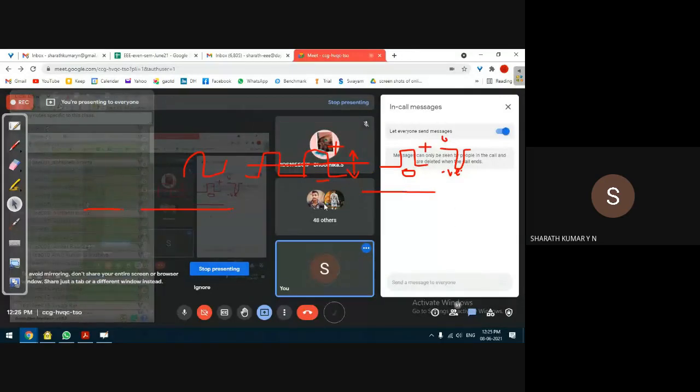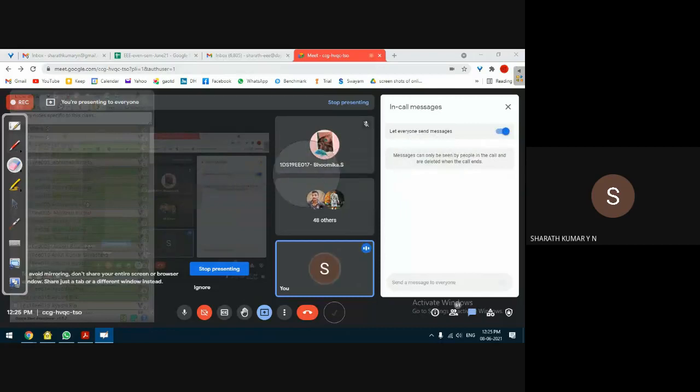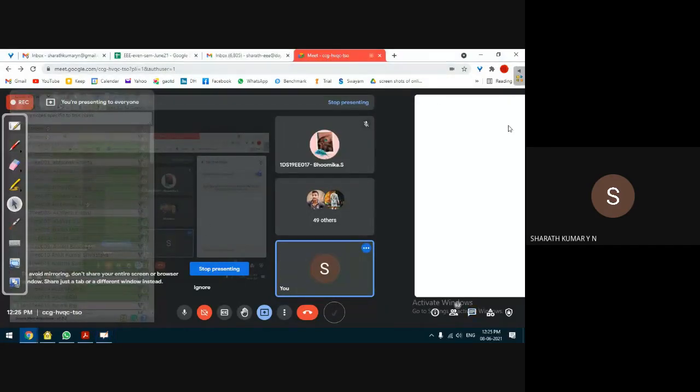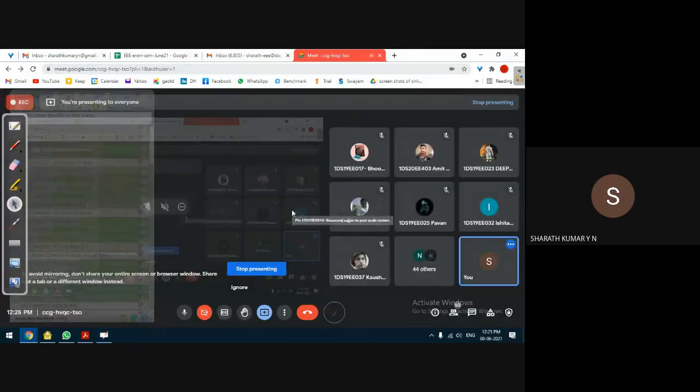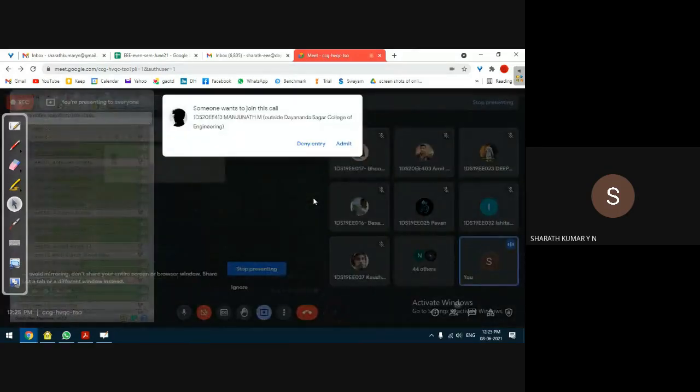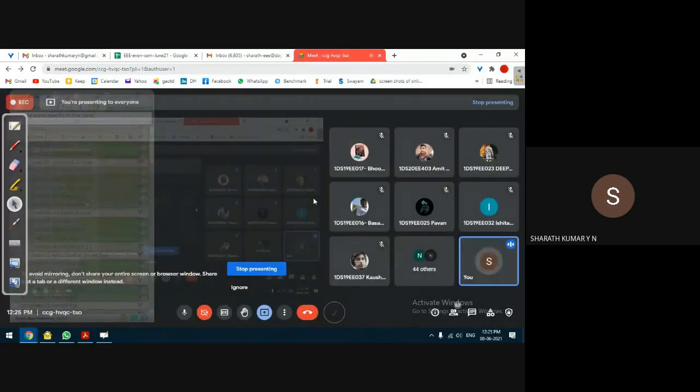No problem. The interface has changed, so it's taking some time for me to get acquainted with it. But it's really nice, it's different and looks good. I think students are joining, but I didn't get the notification because I was in the other window. Students will not be able to join if this window is not active. So 54 on the list.